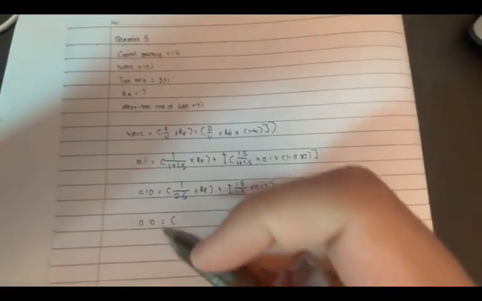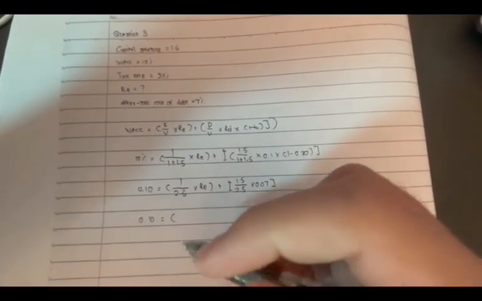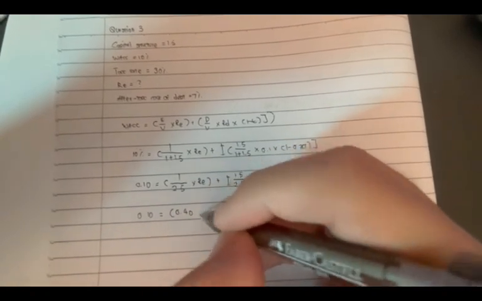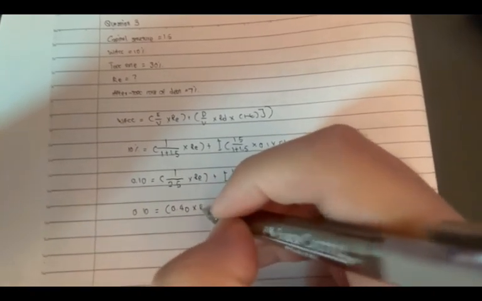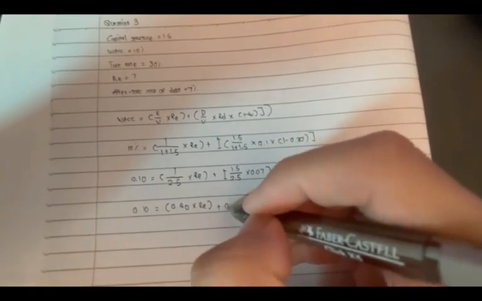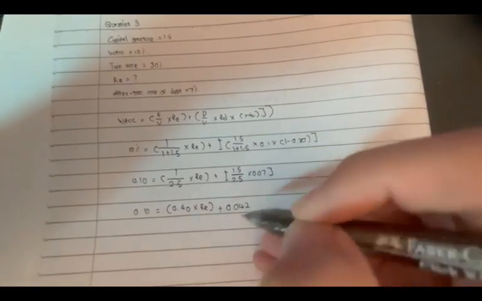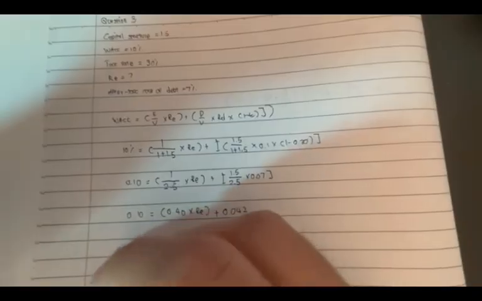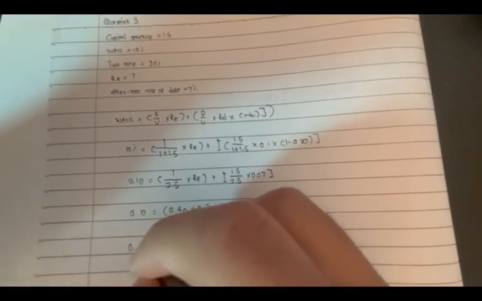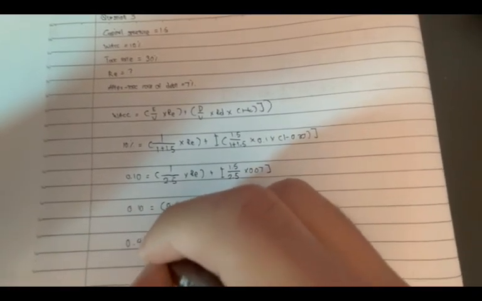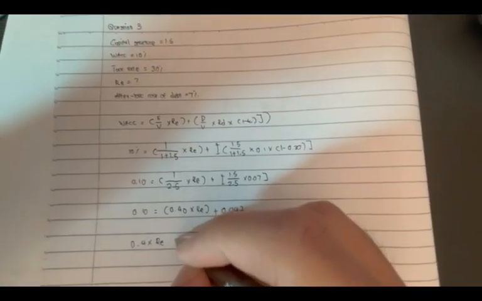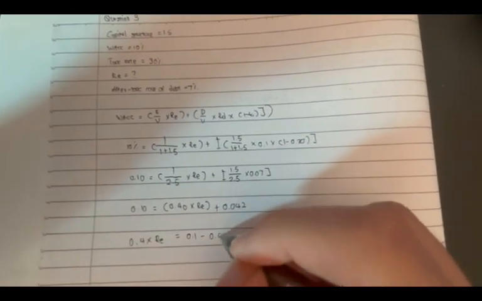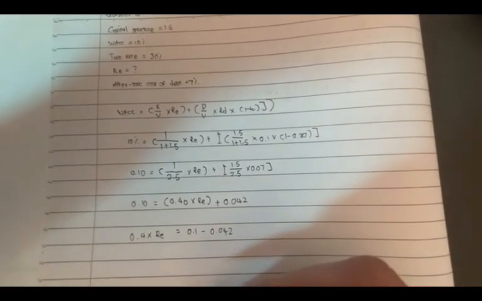Alright, continue. Okay, after we calculate, we get 0.4 times RE plus 0.042. We just move over the 0.042, so 0.4 times RE equals 0.1 minus 0.042.